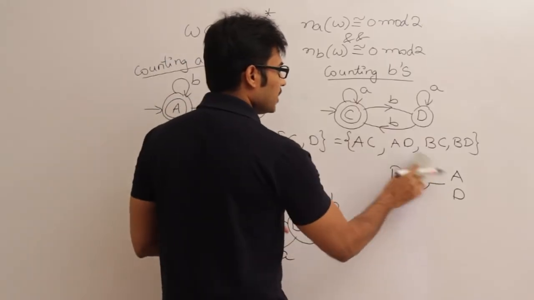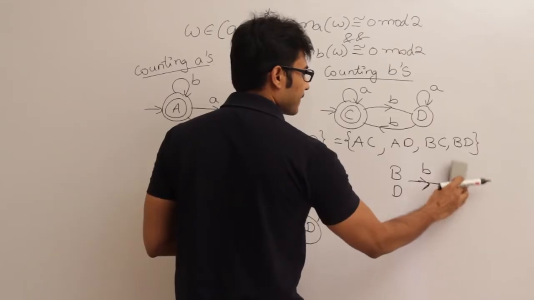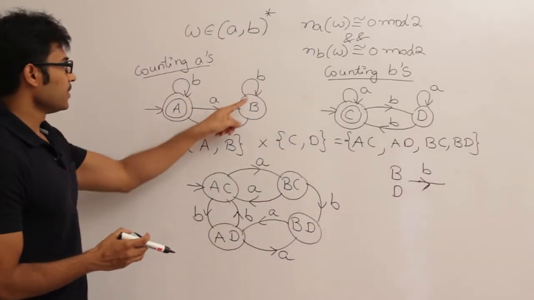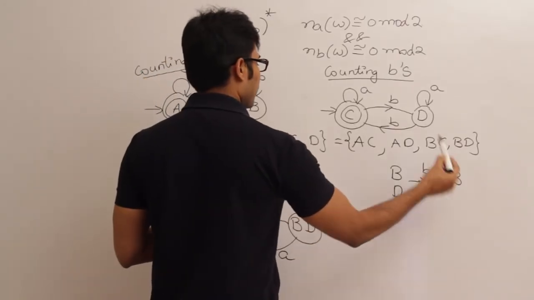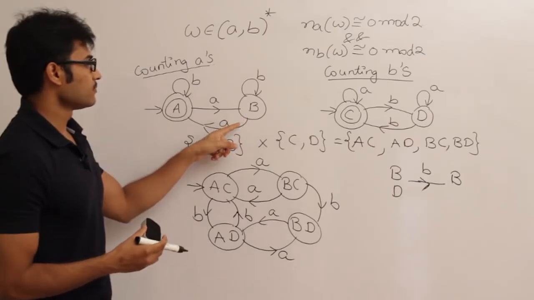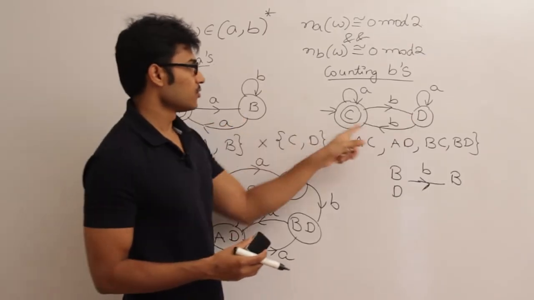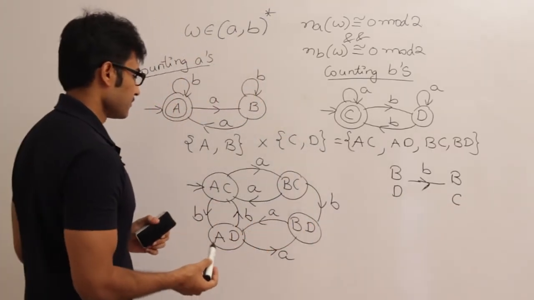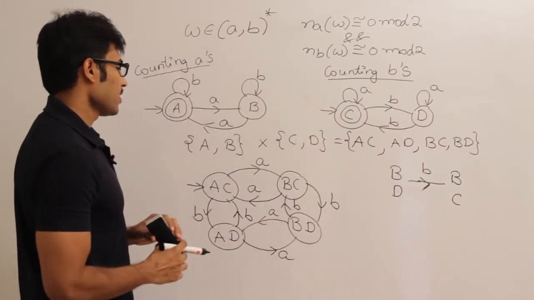And BD on small b. Look at this. BD on small b is going to B itself, capital B, and D is going to C. So BD on small b is going to BC. So that is how I fill it up.